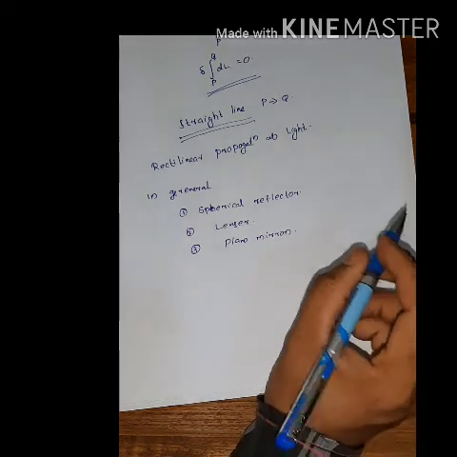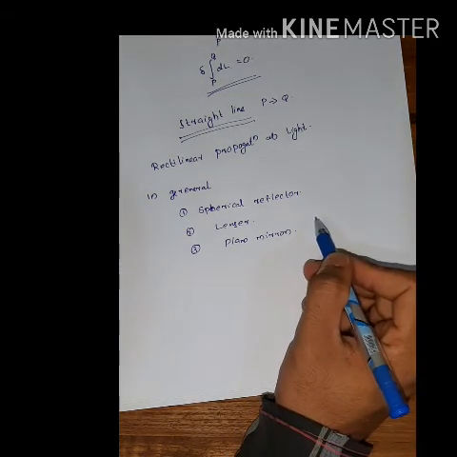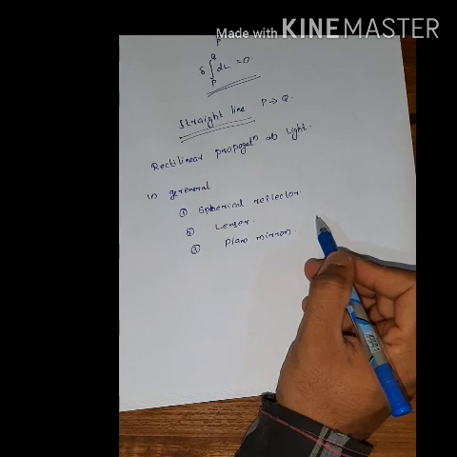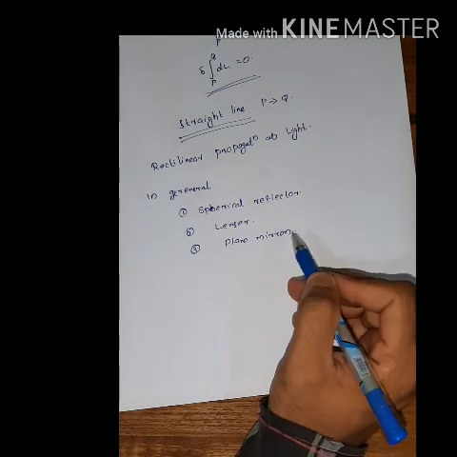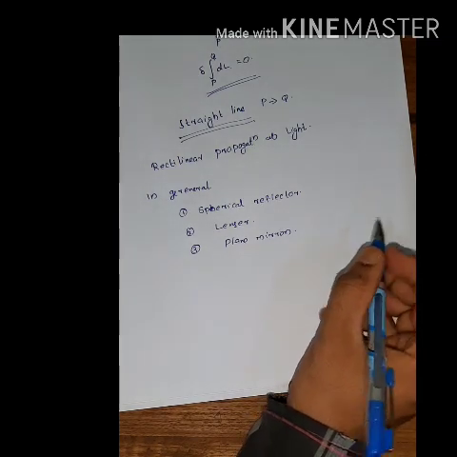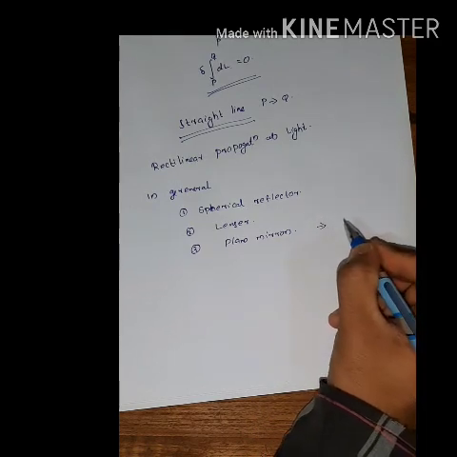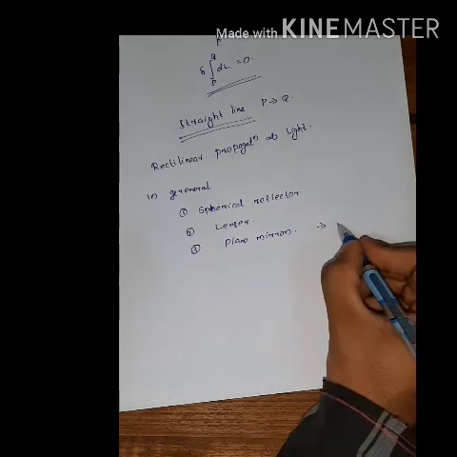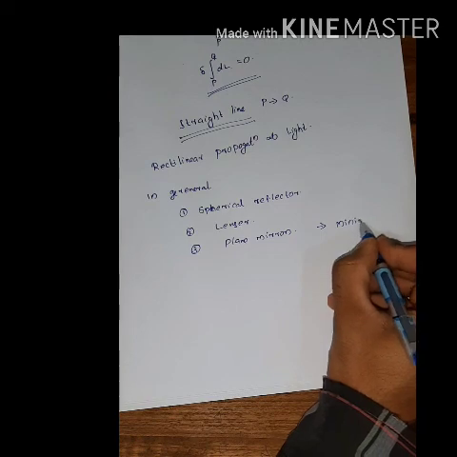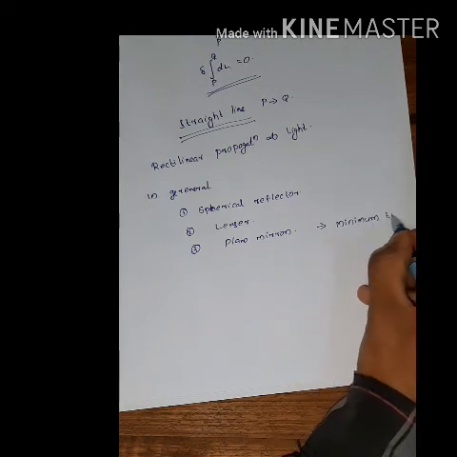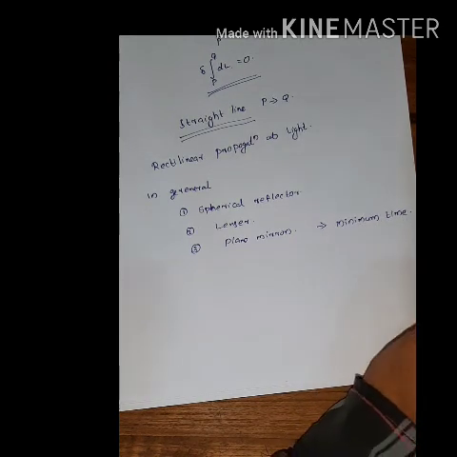These are three kinds of optical objects we are familiar with in our day-to-day life. The plane mirror obeys Fermat's principle, and it allows the minimum path or minimum time to reach from a source to the observer.